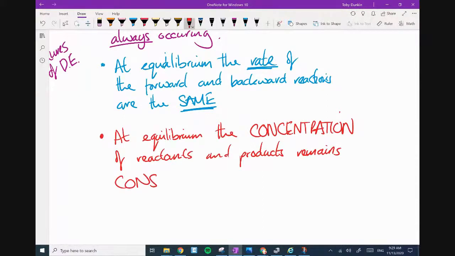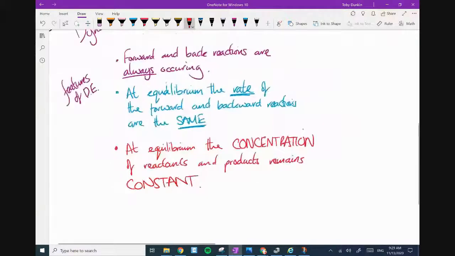Concentration remains constant. They will no longer change. Now, chemistry is cool. Oh, Ben, that's nice. That's really cute.